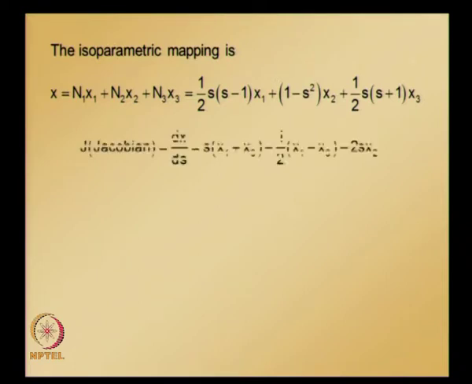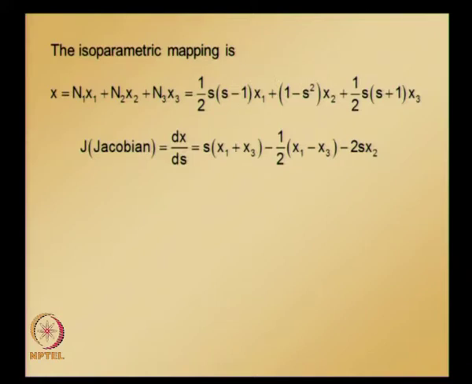Once we have this relation relating x to s, we can easily calculate the derivative of x with respect to s, that is dx over ds, which is the Jacobian.